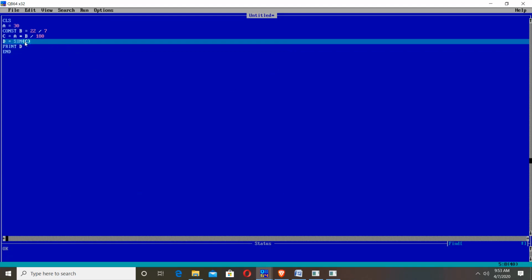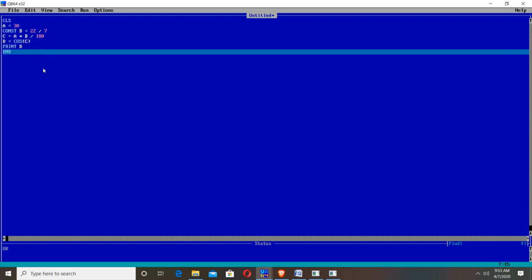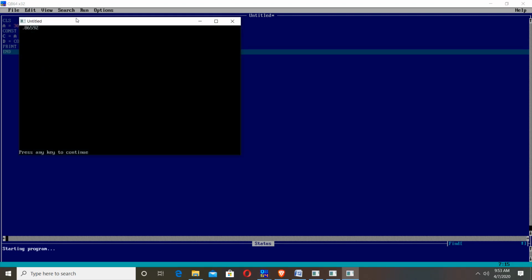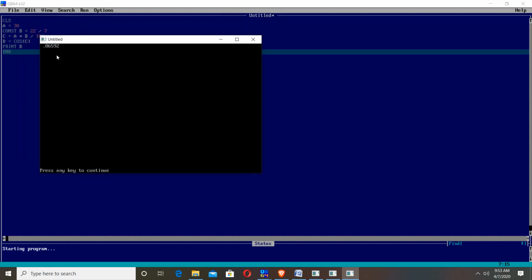Suppose we write here cos in place of sine, then will there be any change or not? Just check this out. Okay, if we write here cos and press F5, its value will be 0.86592. So the value is changed here. I think the value of cos 30 is √3/2, and if that is converted into a decimal number, it will be 0.86592.